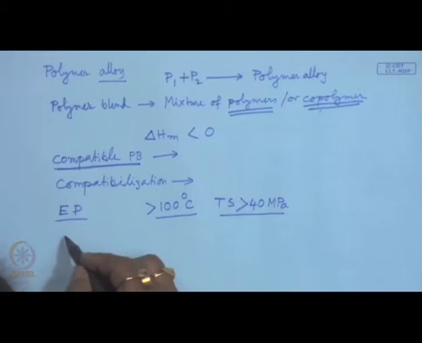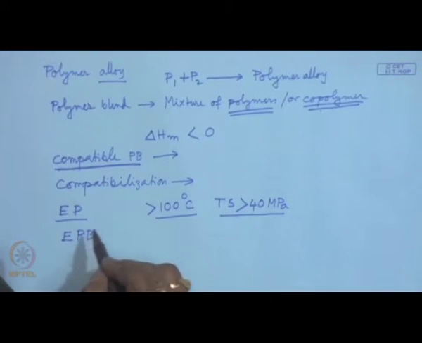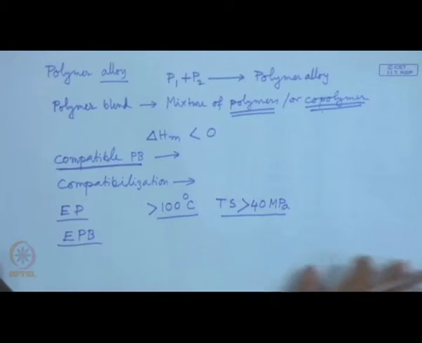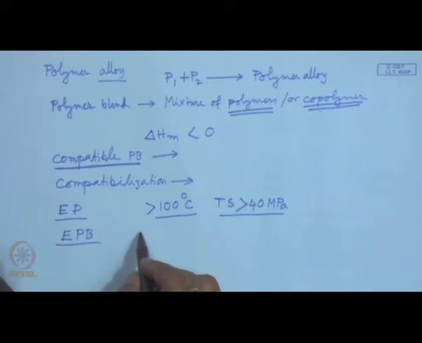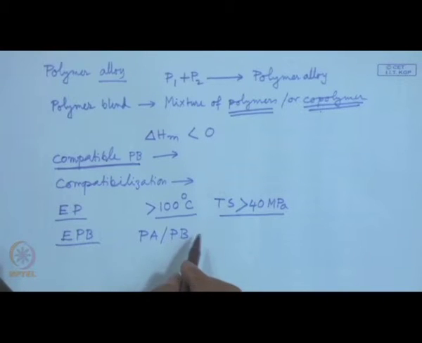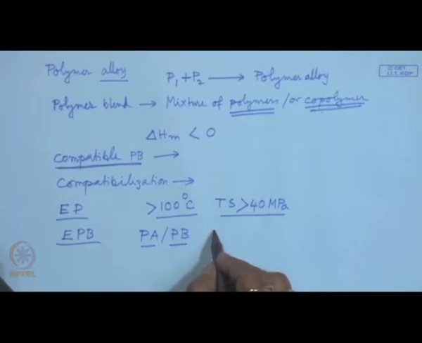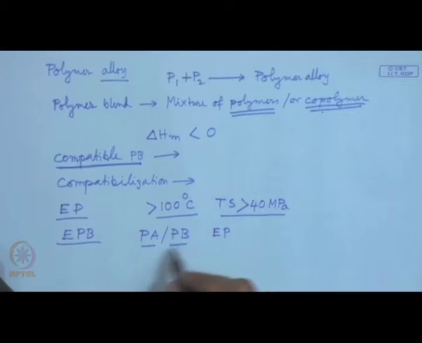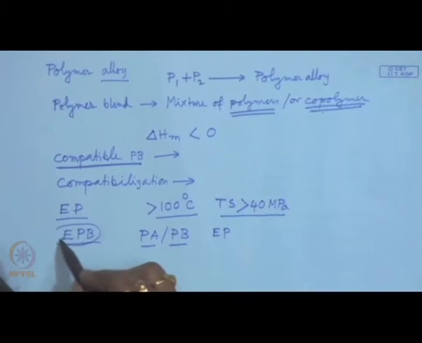Then the terminology engineering polyblend, EPB. To make an engineering polyblend, we can take a polymer alloy or a polymer blend in which one of the components should be an engineering polymer, that is known as an engineering polymer blend.